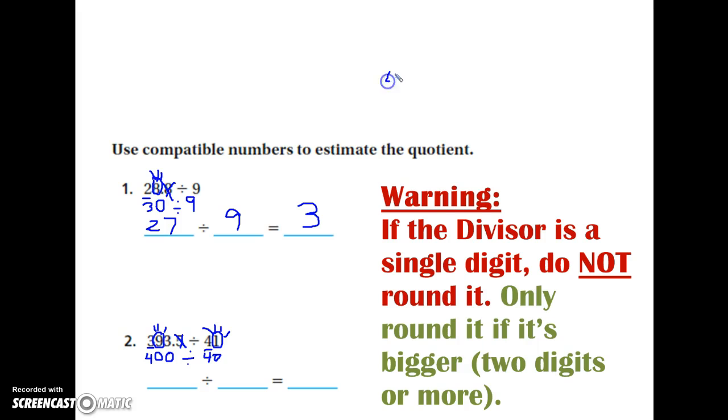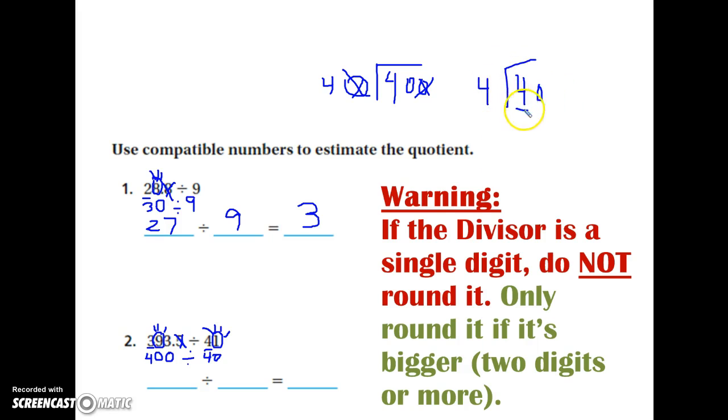Now, if I have 400 divided by 40, I have a 0 here and a 0 here, so I can cross them out. They cancel out. Now, I can only do this if there's a 0 in the dividend and a 0 in the divisor, 0 on both sides. So now I'm left with 40 divided by 4, and do I need to change this number to make it divisible by 4?